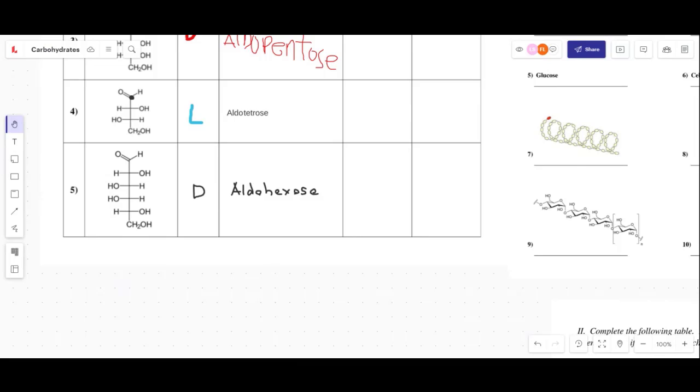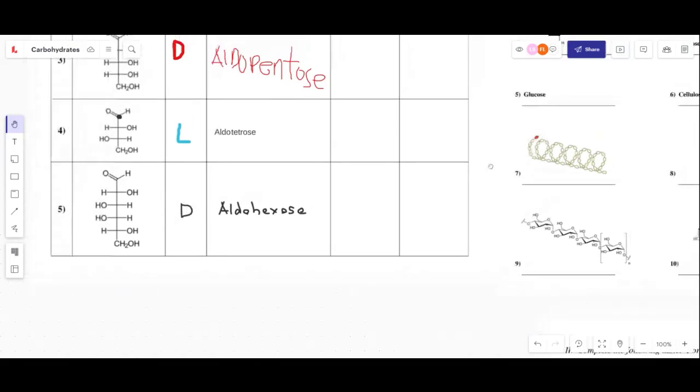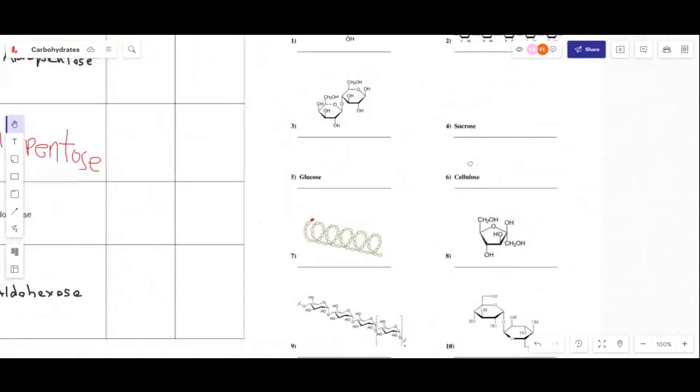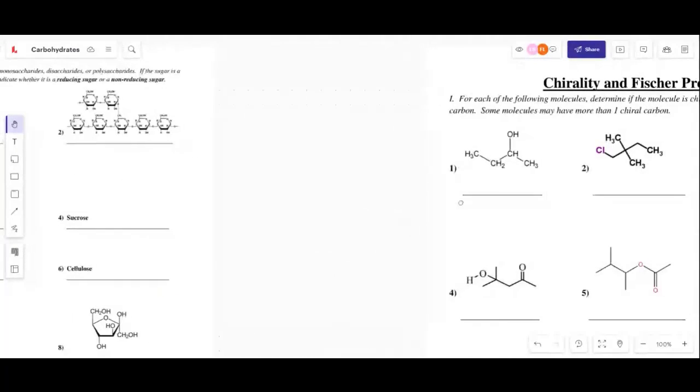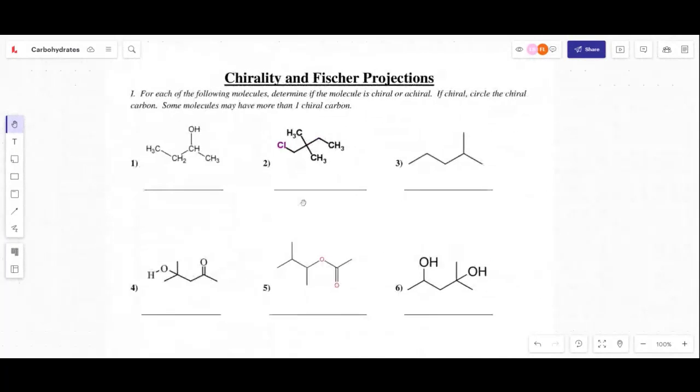Actually, I realized that before I even do anything with this, I really want to go over with you what chirality is. What does it mean by a chiral carbon? So if you scroll over to the right where I am here on the Lucid Spark board, it says chirality and Fischer projections.